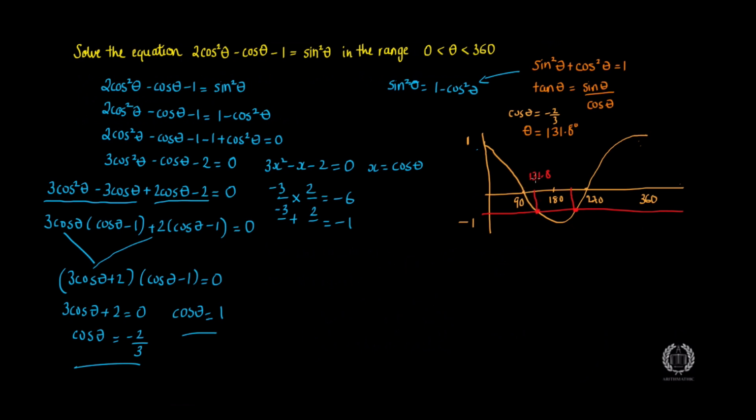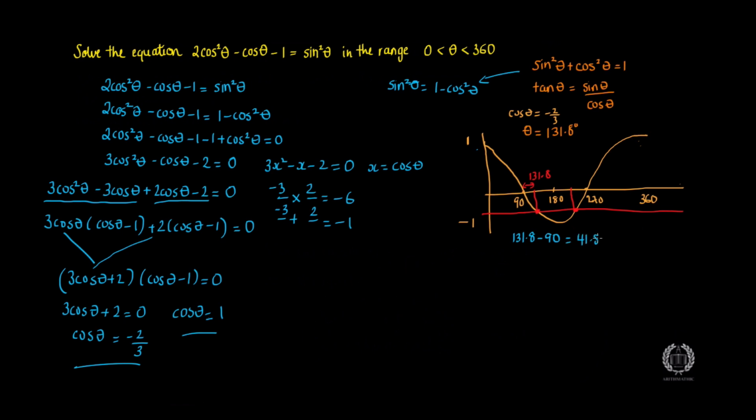Okay. Now to get this intersection here, what you need to do first is, can you see if this is 90 and this is 131.8, can you not find the difference first between these two? How far is it going from 90 to 131.8? To do that, you just find the difference, right? So if we do 131.8 minus 90, that should give you what? 41.8.